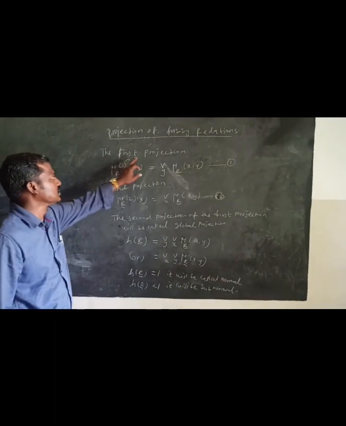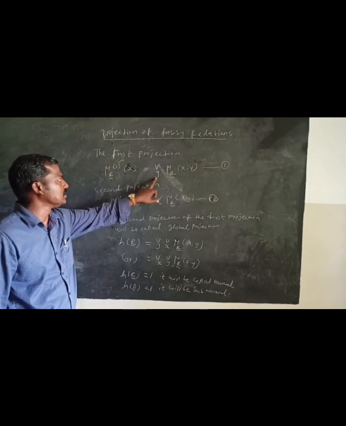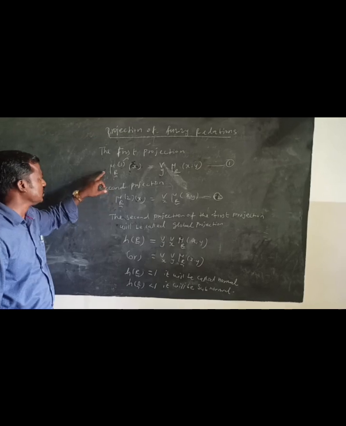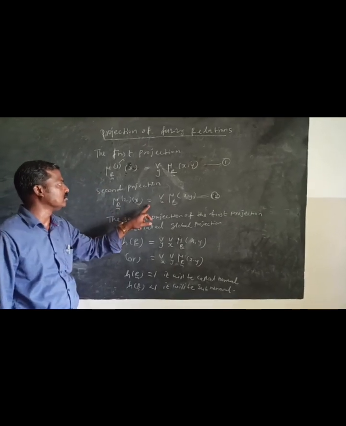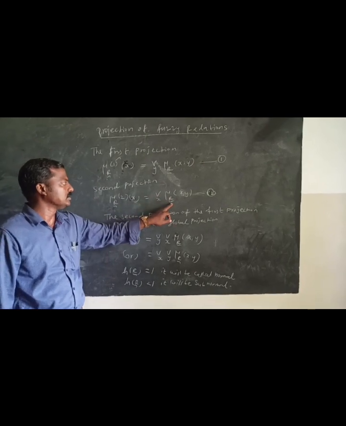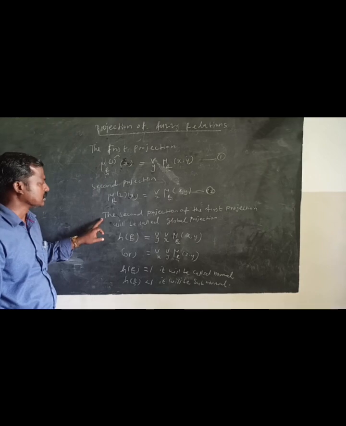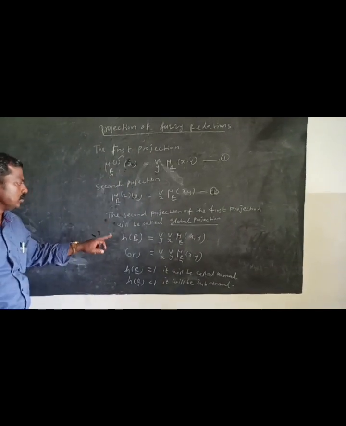Now the first projection is defined as μ_R(x) equal to union over y of μ_R(x, y). Similarly, the second projection is defined as μ_R(y) equal to union over x of μ_R(x, y). Then the second projection of the first projection is called the global projection.